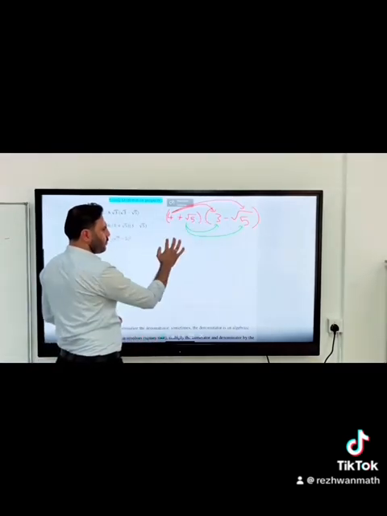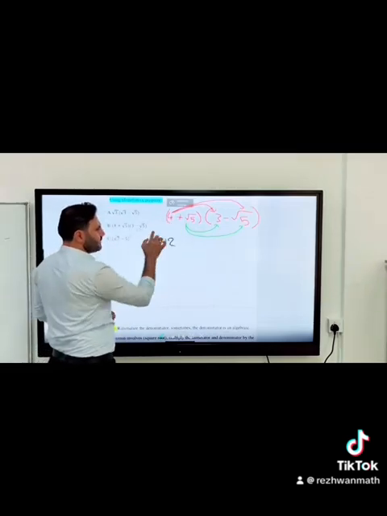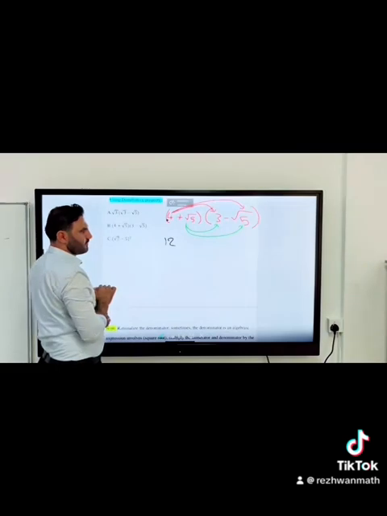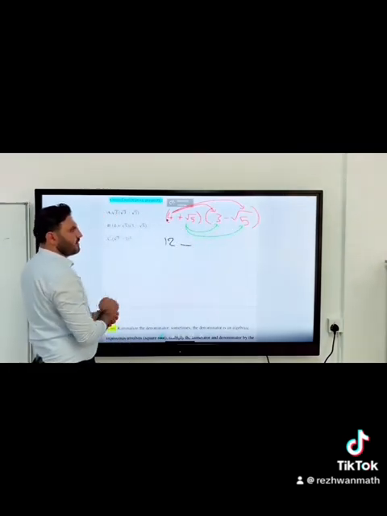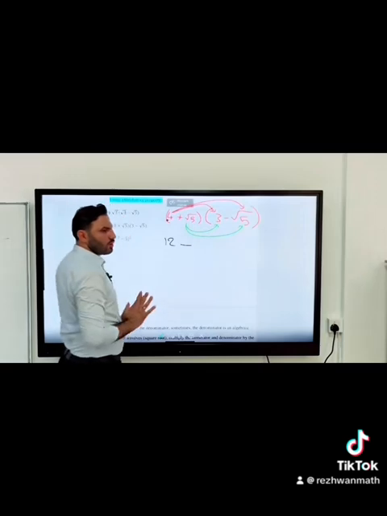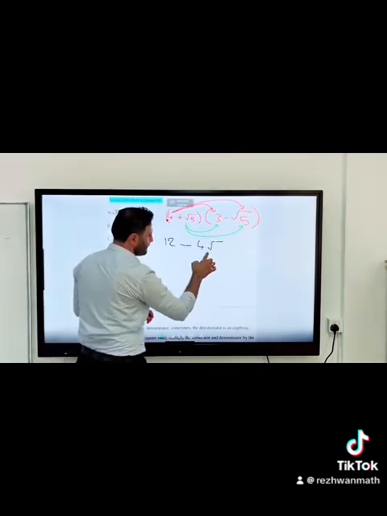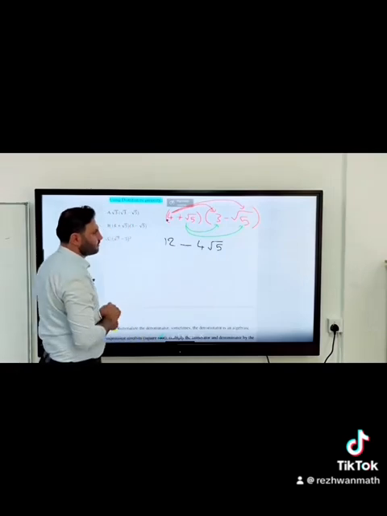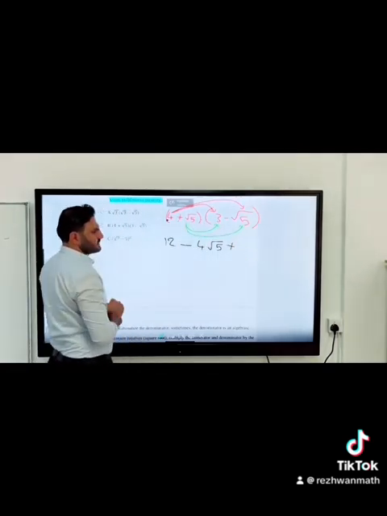Now, 4 times 3, we get 12. What's the sign of 4? We have positive 4. Positive times negative, we get negative. Then, 4 times square root 5. We cannot multiply these two numbers together because we have an integer number and a square root. Then, positive times positive, we get positive.